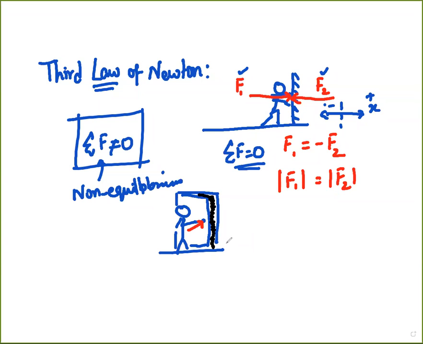You cannot open any door in the universe because whenever you apply a force, an equal and opposite force will be applied according to Newton's third law, and therefore no doors will ever open. By saying no doors, I mean that nothing will work in this universe. So it seems like there is a contradiction between the third law and the first two laws.